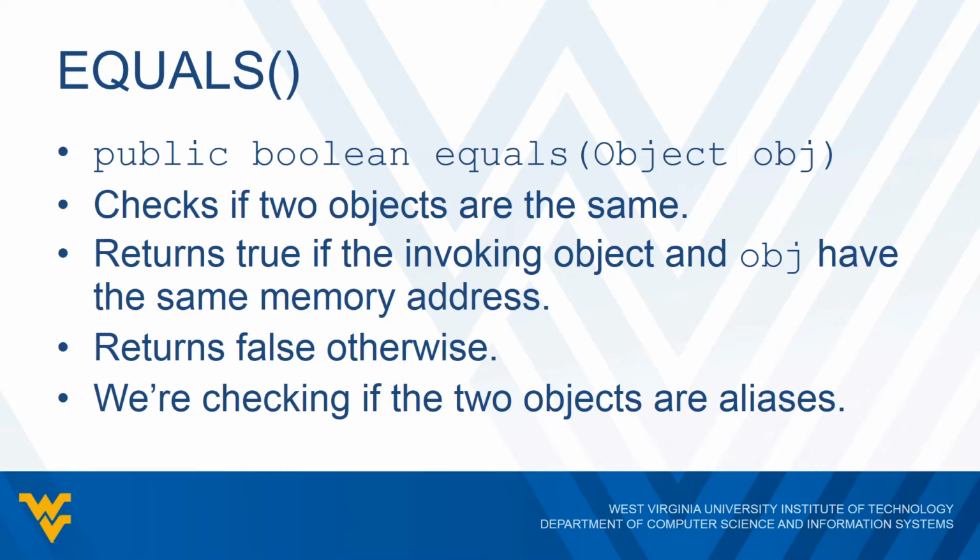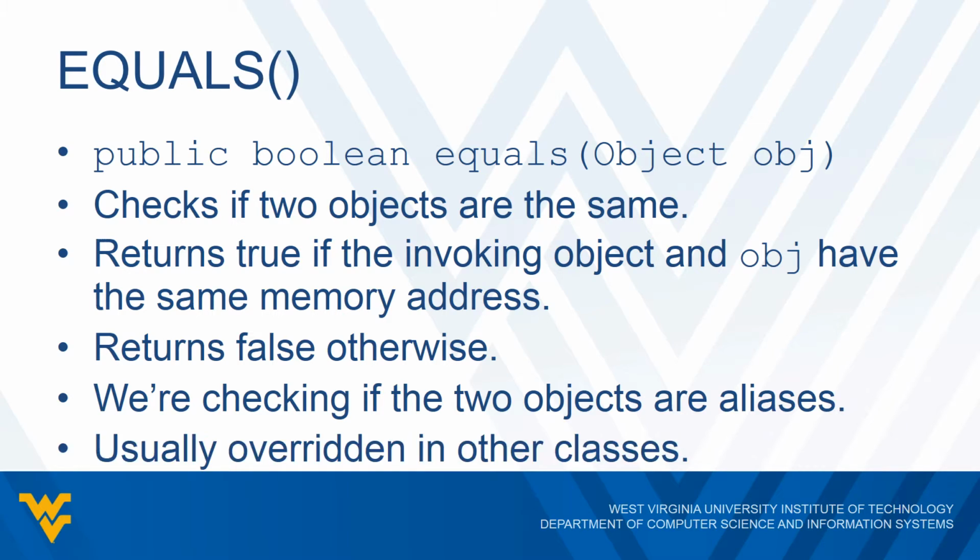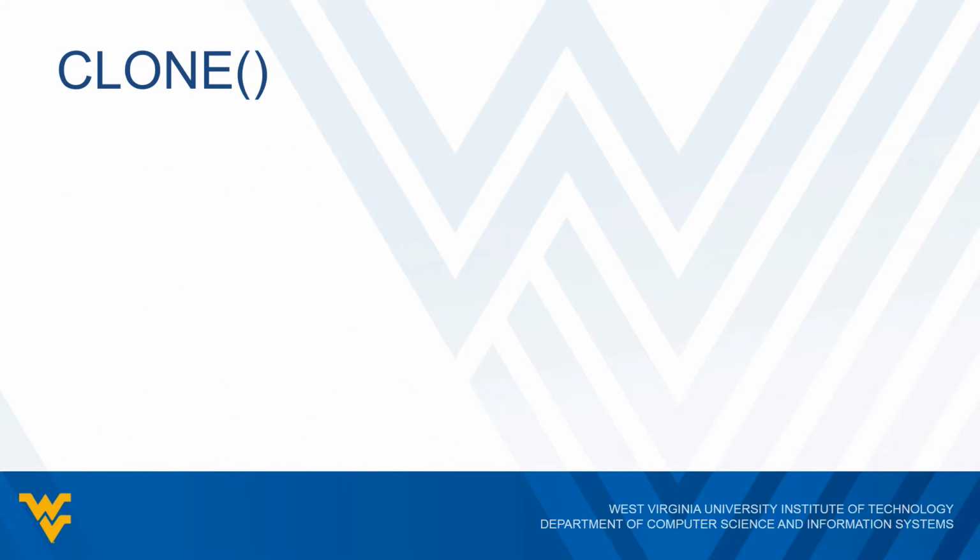That second name would be an alias. That's all we're checking here: whether the two objects point to the exact same memory address. Now, technically, if they point to the same address, they do have the same data, but we're really just checking if they have the same address, not necessarily the same data. Usually, this method is overridden in other classes.